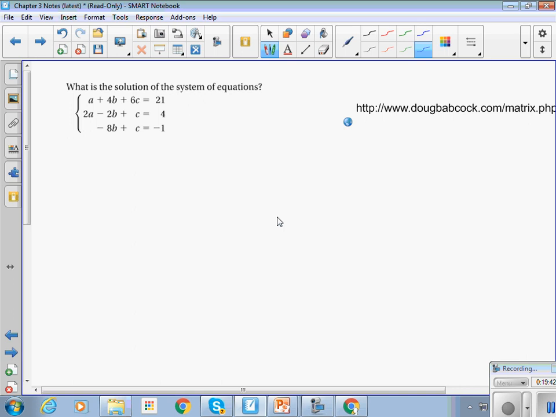Let me show you how to use a graphing utility to solve a system of equations. We still have to write the equation as a matrix.